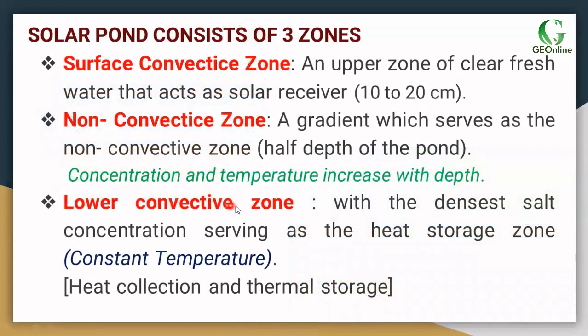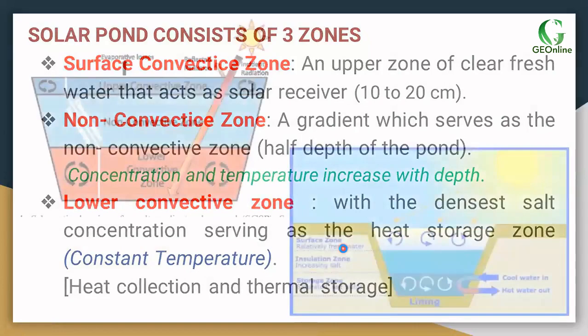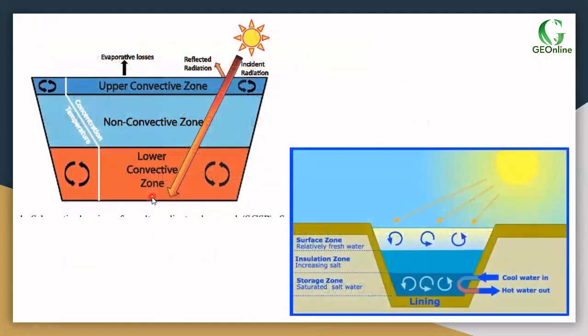Last is the lower convective zone with the densest salt concentration serving as a heat storage zone. So this is a very important zone for the solar pond where it stores heat energy. This lower convective zone stores the maximum amount of heat energy, and the non-convective zone traps this heat energy.